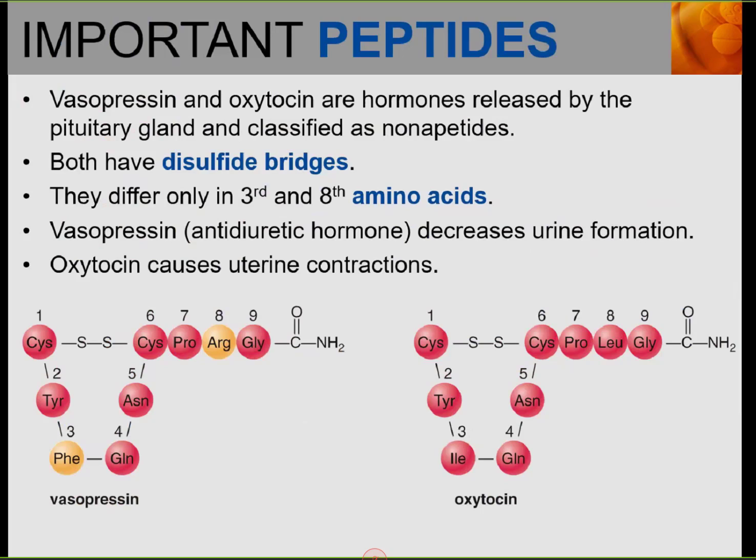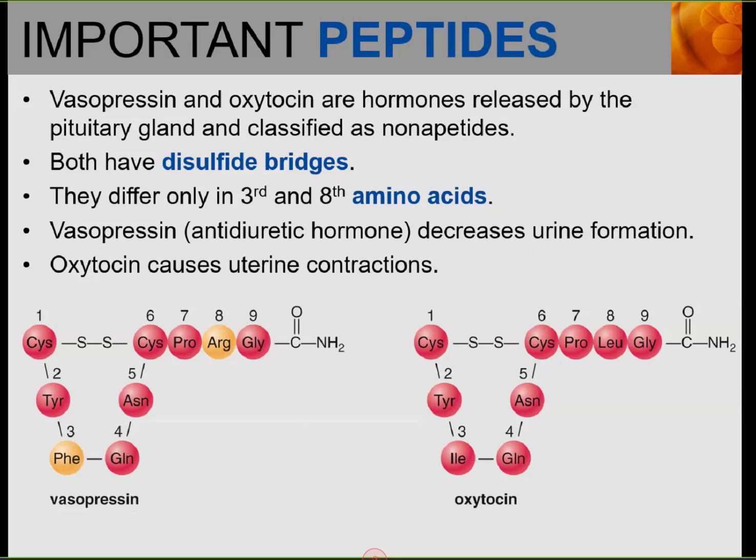So what you have here are hormones, and these hormones have disulfide bridges, and you can see that in the two structures that you see. In each of these hormones, each of the balls is a particular amino acid combined in that sequence.